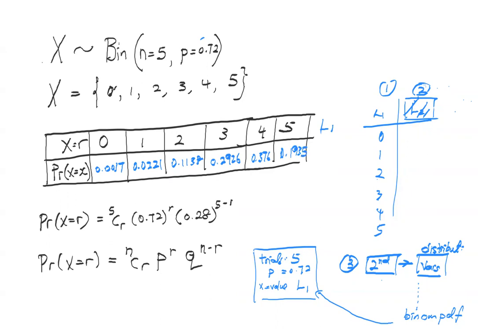Do you get that? If you don't, you faster ask your friend. So copy down. So you see, you can build your probability distribution table for binomial easily. You don't have to go and specifically calculate one by one.